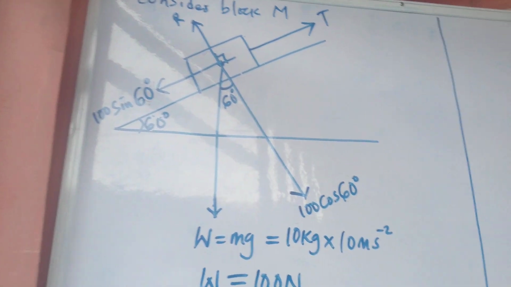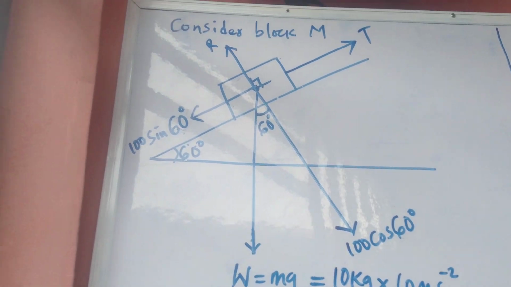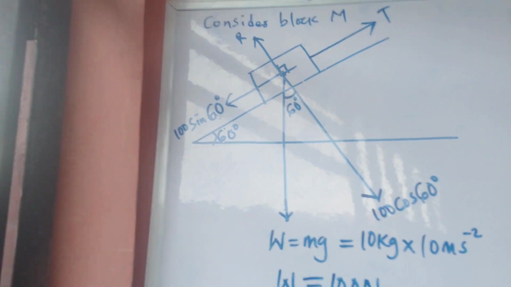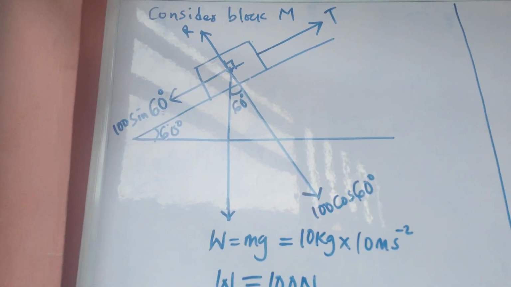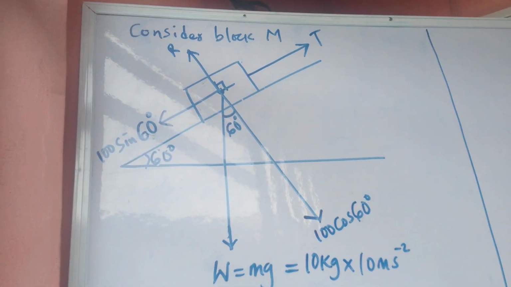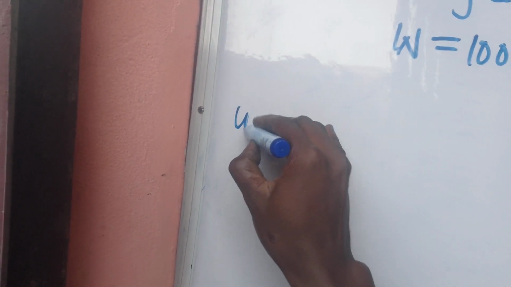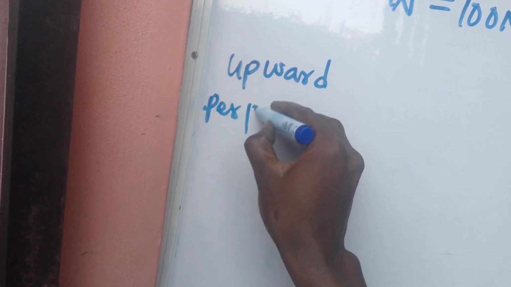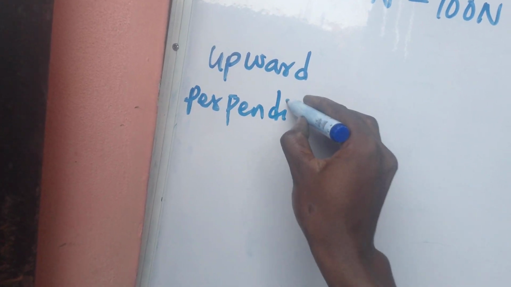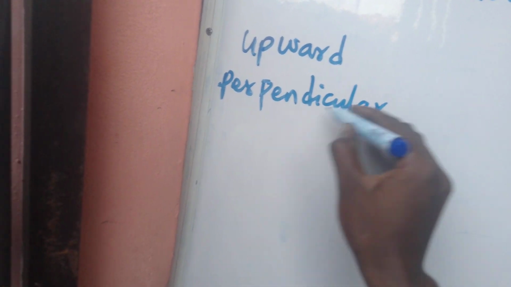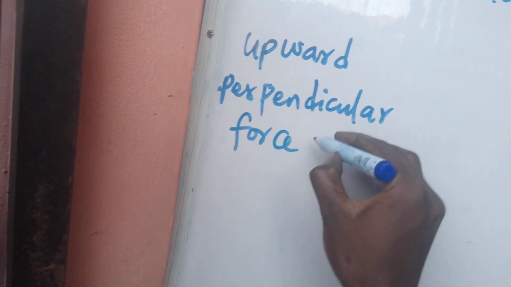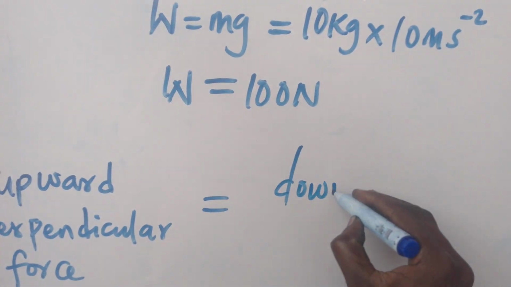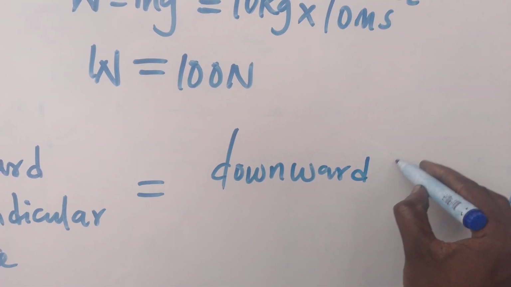Now we'll look at the upward perpendicular force equal to the downward perpendicular force, which is Newton's third law of motion. It shows that action and reaction forces are equal and opposite to each other. So applying Newton's third law of motion, I'll say the upward perpendicular force is equal to the downward perpendicular force.